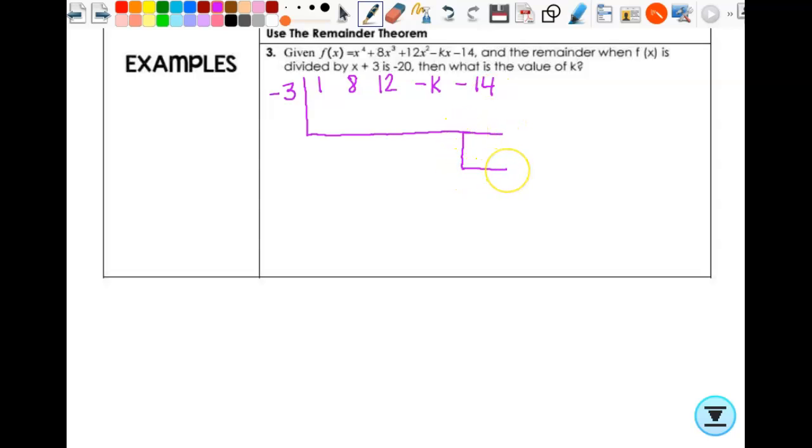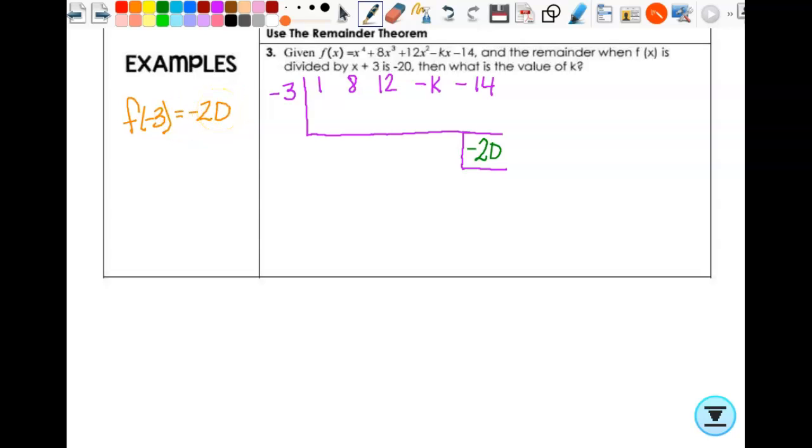Okay. Then I want to double check, it's x to the 4th, so I should have 5 numbers. I do, just in case there was a missing something. Do I know the remainder here? Yes, it's negative 20. So I have a question for you then. What is f of negative 3? Negative 20.